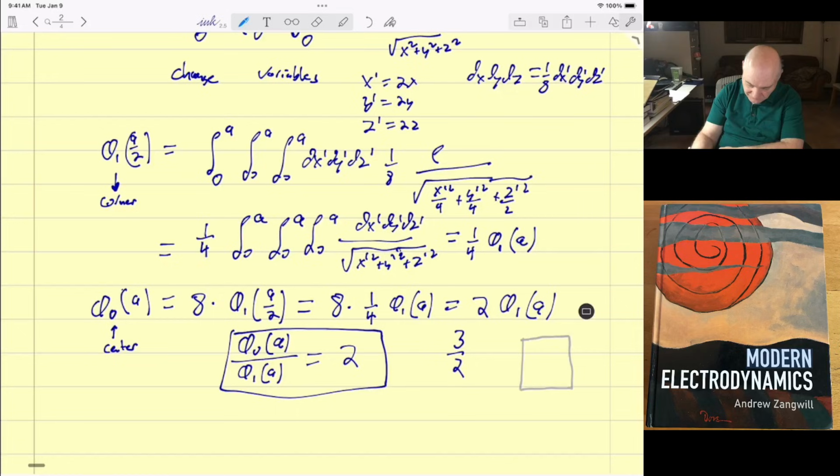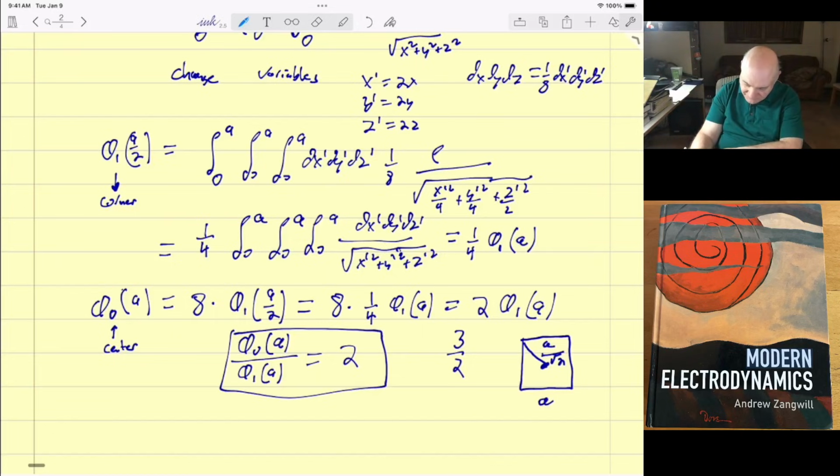there are points relative to this center. If the cube is size a, this is going to be a divided by, let's see, the whole thing is going to be times the square root of 2 divided by 2, so it's a over the square root of 2. That can't be right. Yeah, so a over the square root of 2.